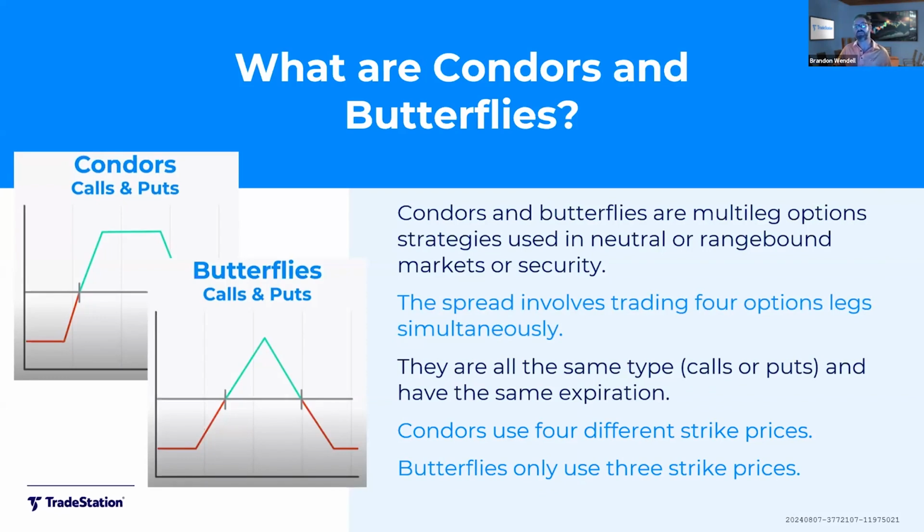Condors use four different strike prices. Butterflies, however, only use three different strike prices. You can see from what they call the risk profile here: with a condor, you have four little corners or angles. Those are the different strike prices. In a butterfly, it looks more like a triangle, so you have three angles, which will be the three different strike prices.